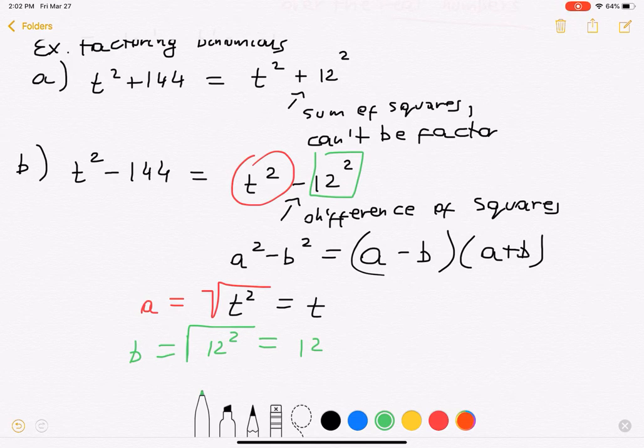So to factor t squared minus 144, that's just t minus 12 times t plus 12. So that's the difference. Make sure that when you have a difference of squares, you can factor that using the formula. When you have a sum of squares, we can't factor.